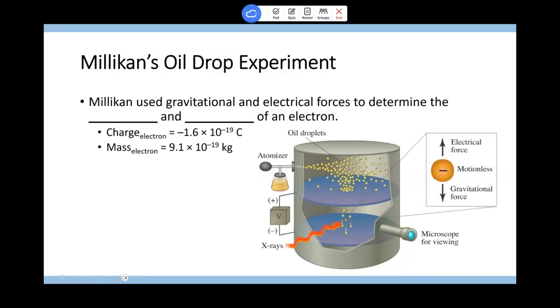And then an electrical force was applied through X-rays. We have a voltage, and that was used to calculate the charge of the electron. So we use the oil drop experiment to determine the charge and the mass.